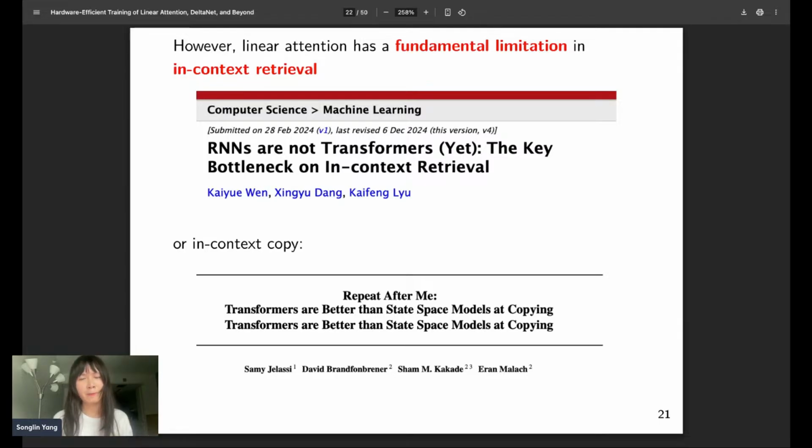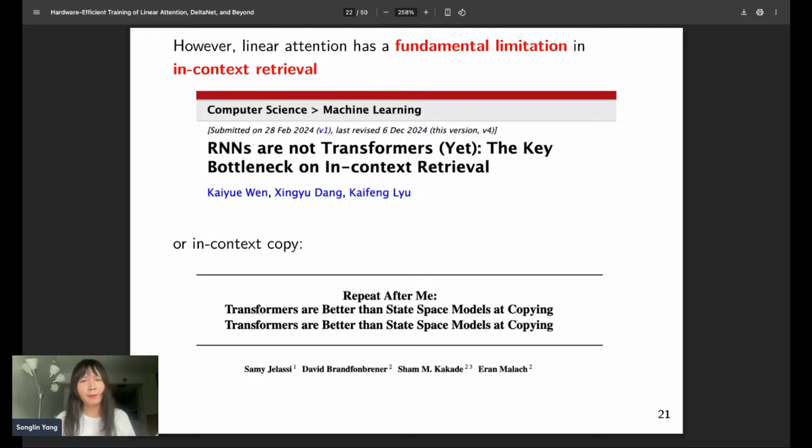Multiple papers show that linear attention, RNNs, and state space models are all limited by common issues like in-context retrieval due to the limited state size. This is also very intuitive, because you cannot expect an RNN to encode all the historical data in a lossless manner, since the recurrent hidden state is fixed in size.